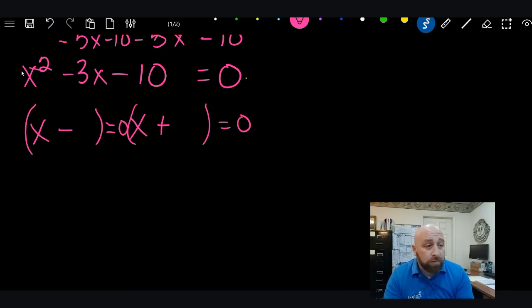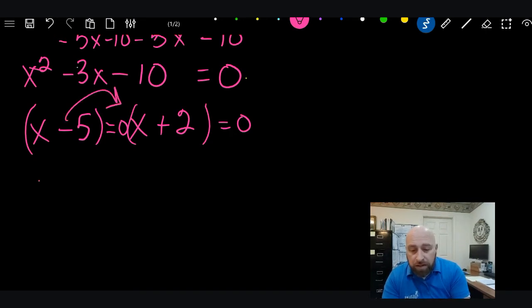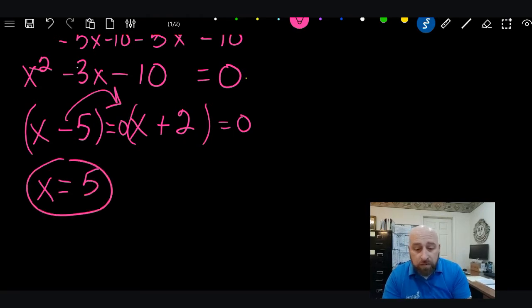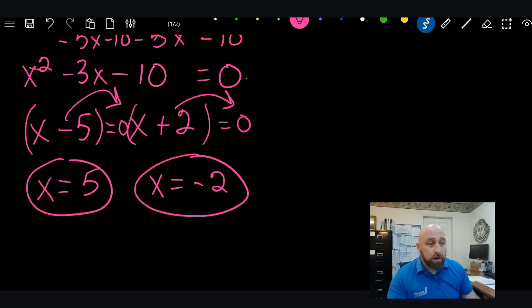And then what are our factors? 2 and 5. So the 5 has to be the negative and the 2 has to be the positive. And then we would just move this over here and we would get x equals 5 positive. We'd move this over here and we'd get x equals negative 2. Those would be our two solutions from the positive side.